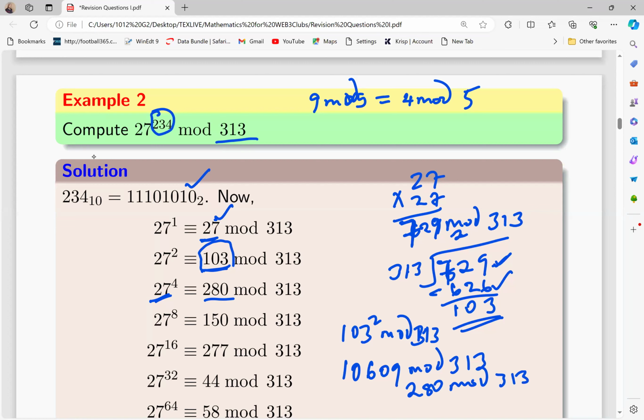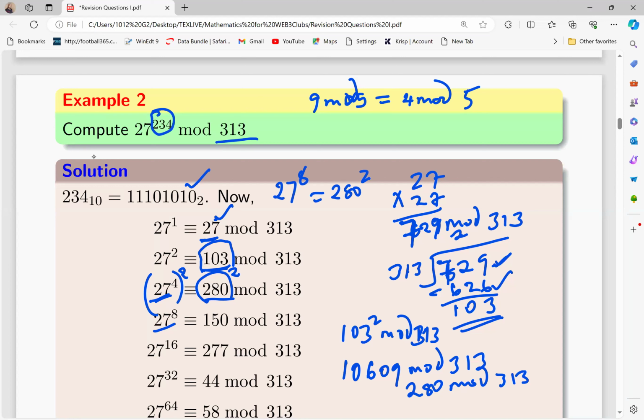And again, you see, we are squaring the left side, and it means squaring the right-hand side. So when you square 27 raised to 4, you get 27 raised to 8. What about when you square 280? Just squaring. It's the same as squaring this, 280 squared. You square the left side, and square the right-hand side.